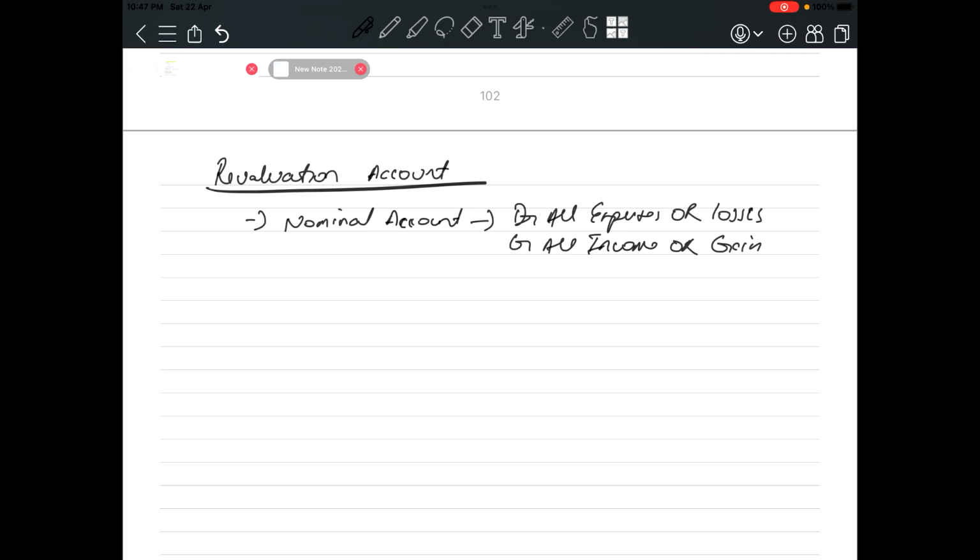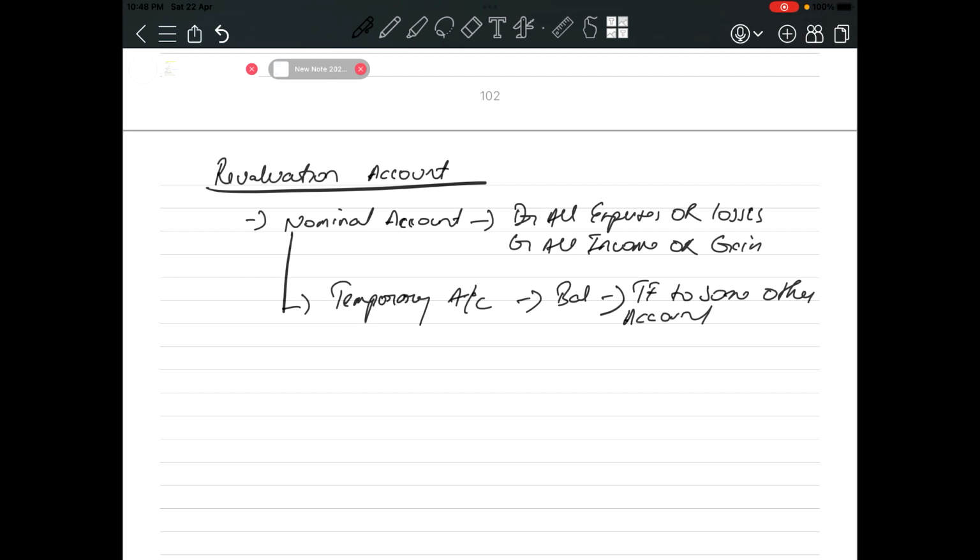When we talk about nominal account, one thing should come to your mind: temporary account. What do we mean by temporary account? The balance of this account will be transferred to some other account.